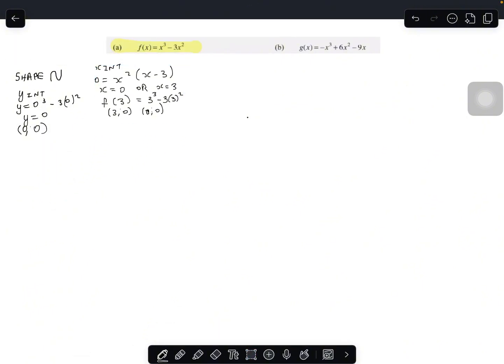We now need to find our stationary points. So we'll write stationary points here. We'll say what is our first derivative, and our first derivative here will be 3x squared minus 6x.